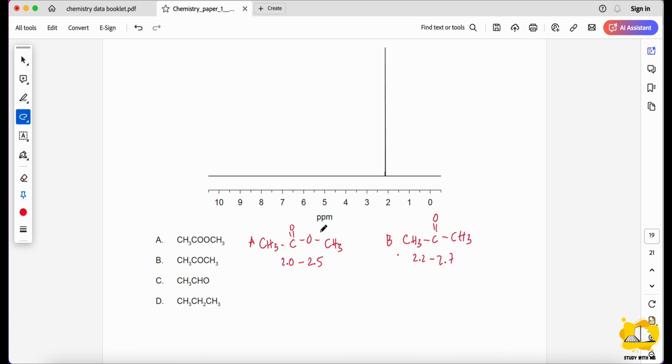The decision to identify the compound as a ketone rather than an ester, despite the chemical shift overlapping with both functional groups, is because we don't have any other data, only this one peak. Therefore, it could be attributed to the broader chemical shift range typically associated with ketone. So that's why the answer here is ketone.